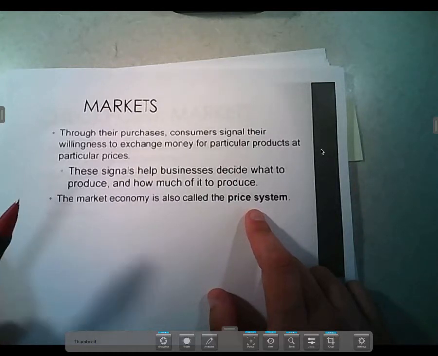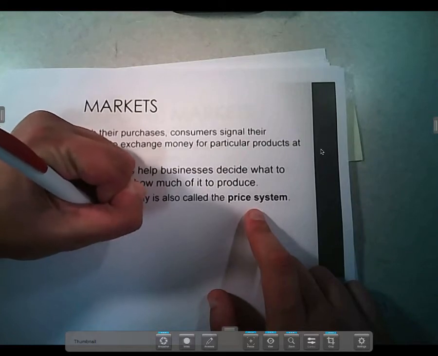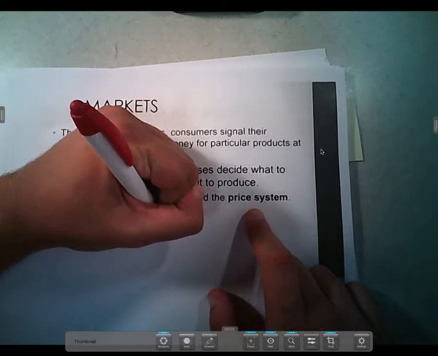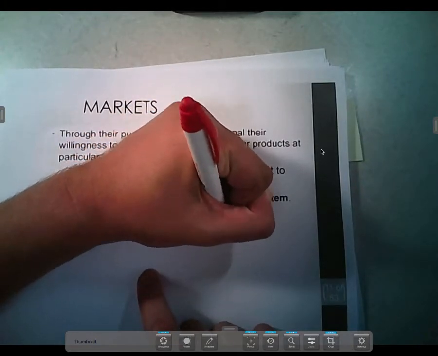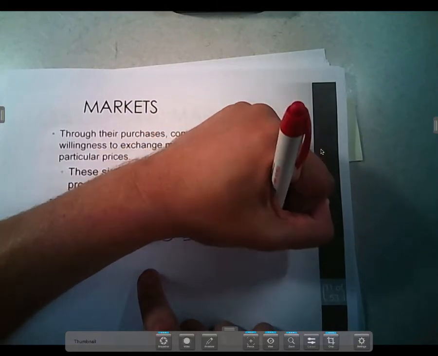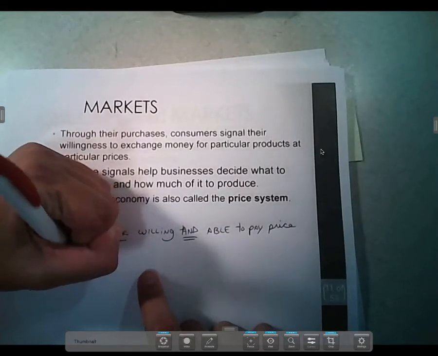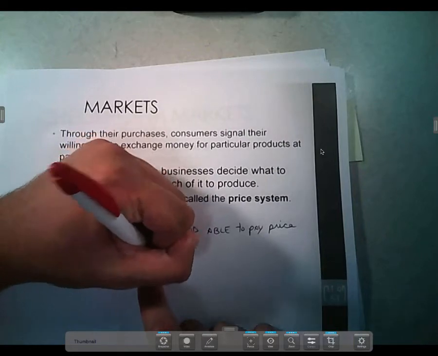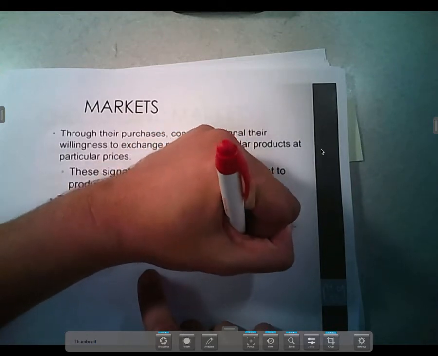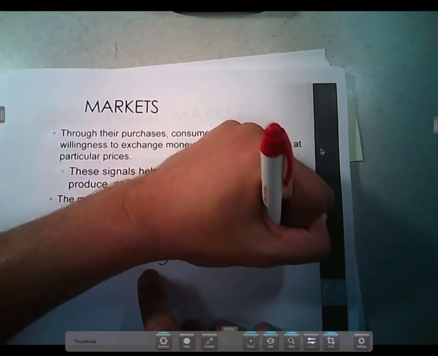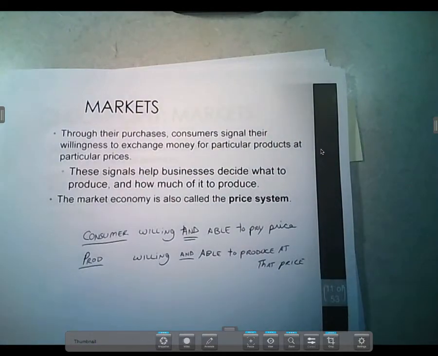And what that means is that two things have to be happening.